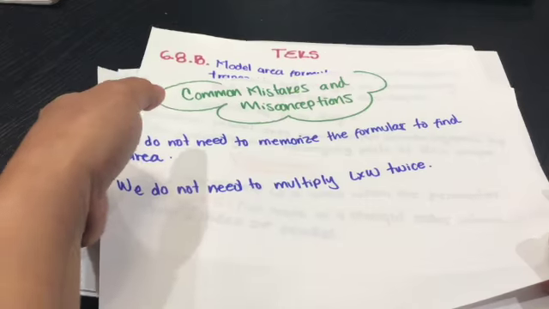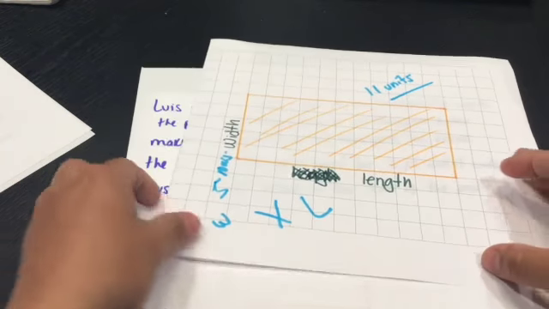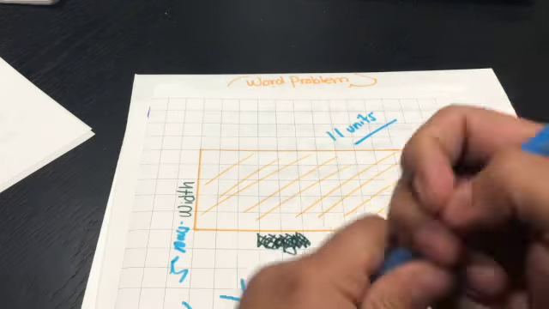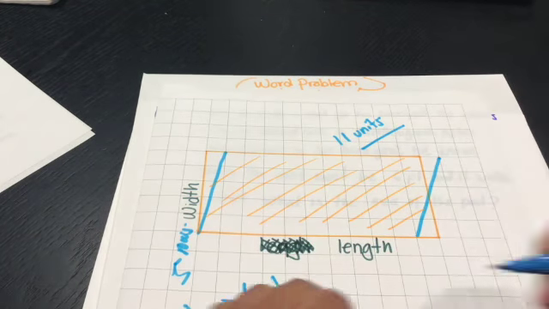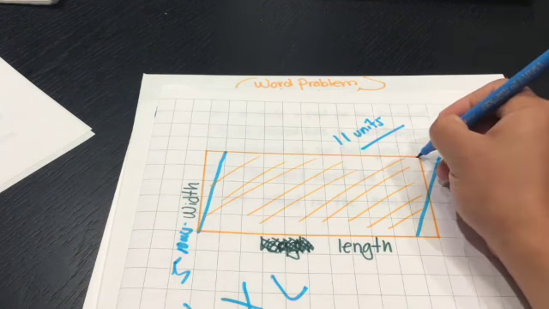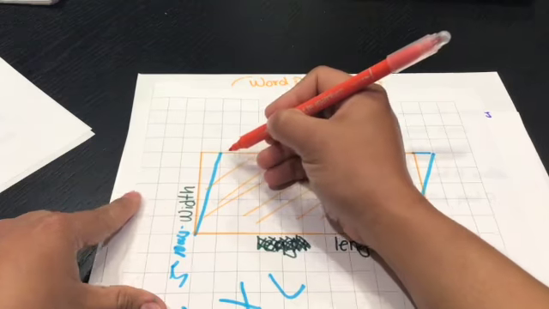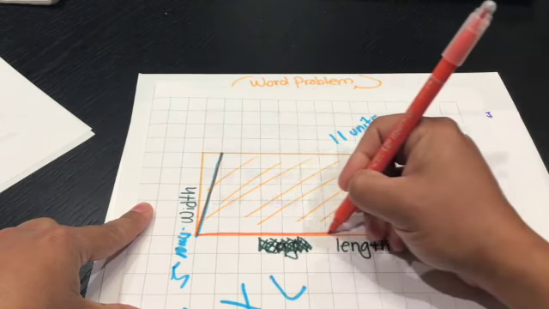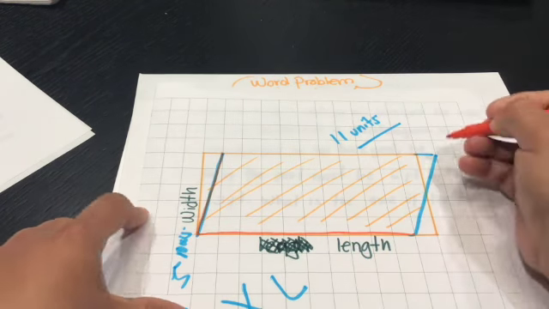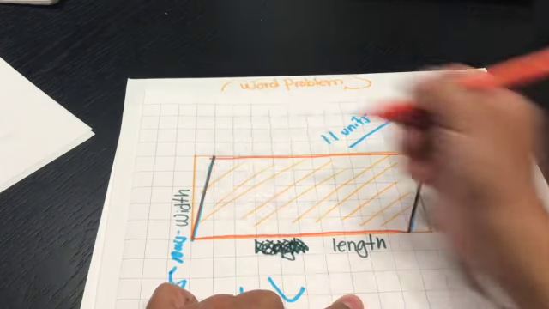Another common misconception is that when they're trying to find the area, they multiply the length and the width twice in a parallelogram. So let's say this is a parallelogram. They multiply height times base one time, and then they multiply again height times base a second time.